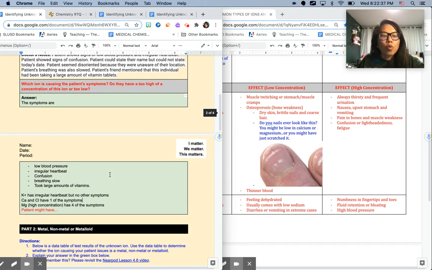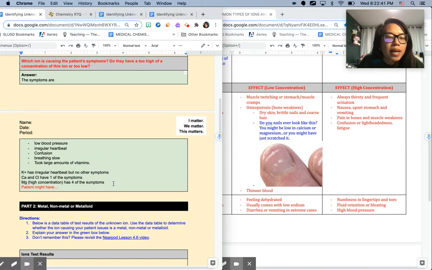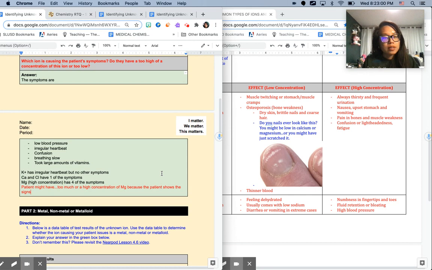Okay. So right now, based off of the symptoms only, I think the patient might have too much, a high concentration, of Mg because the patient shows the signs of 4 of the symptoms.